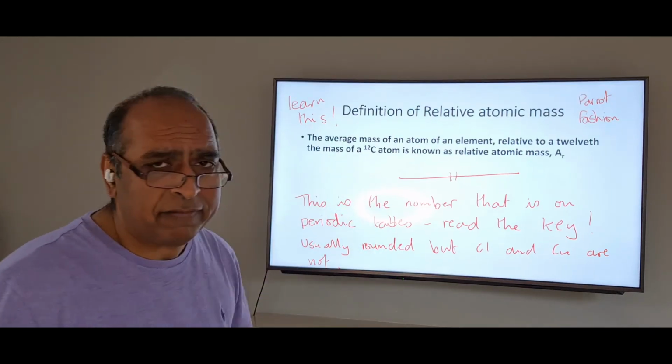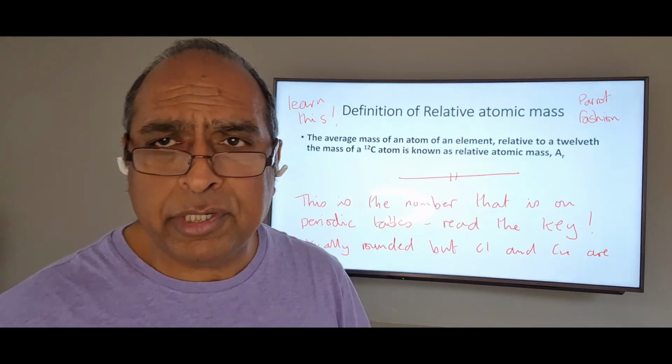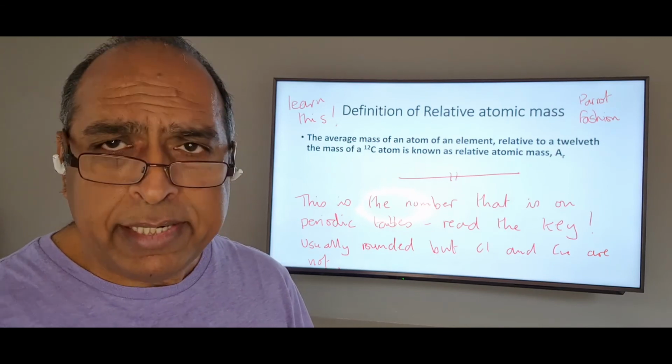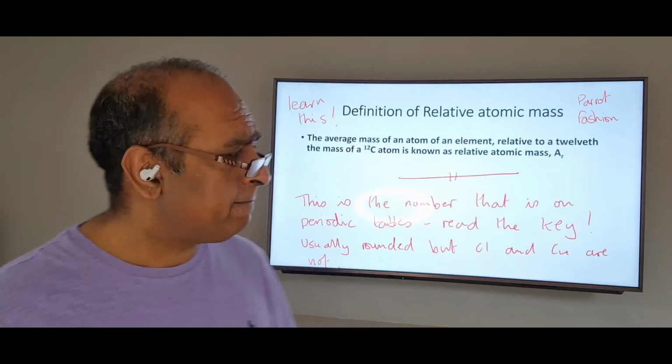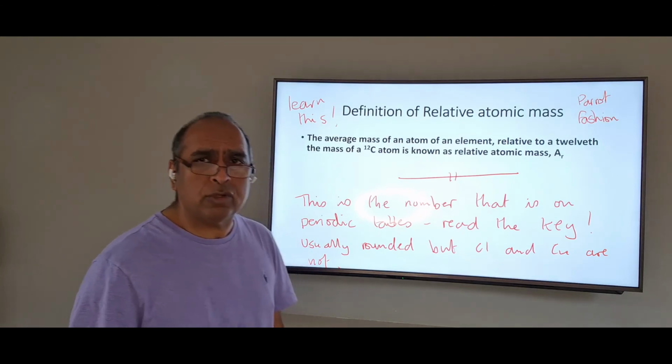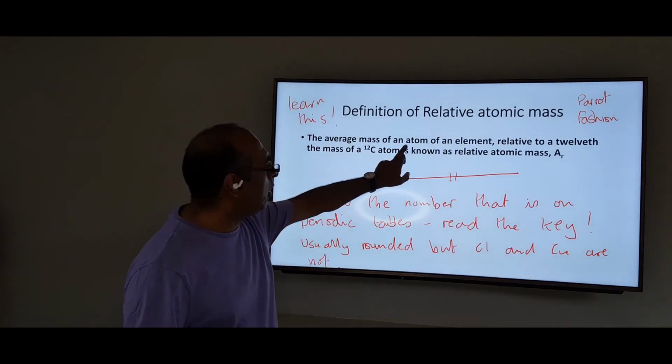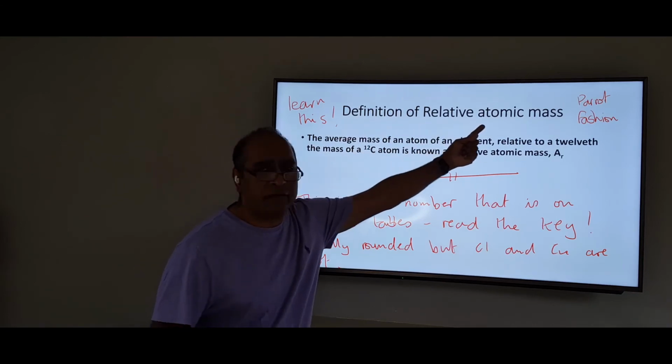So what is the definition? And again, I would urge you at the moment just to learn this parrot fashion. You need it for GCSE, and don't try too hard to understand it for now. The average mass of one atom is relative atomic mass.